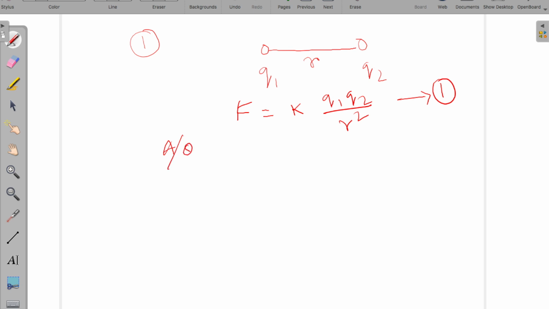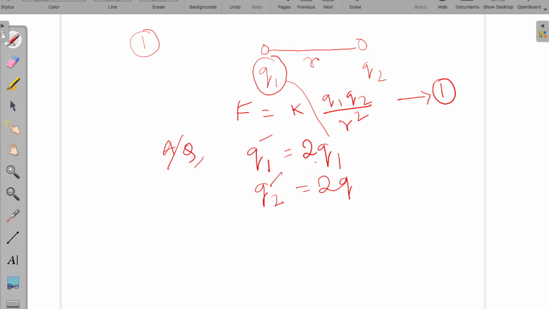According to the question, the new charge is doubled. The present charge was Q1, and its double is the new charge, which I take as Q1 dash. Q1 dash will be twice Q1. Similarly, Q2 dash will be 2 times Q2.